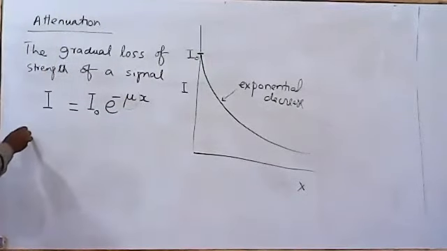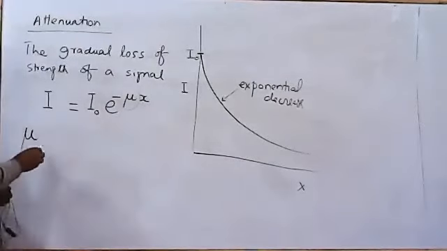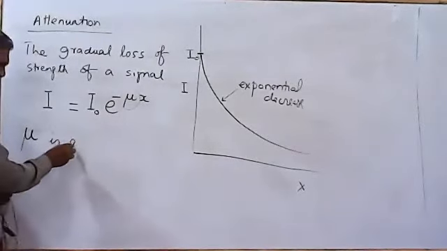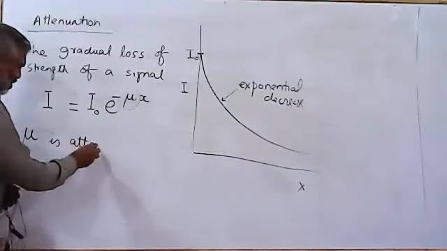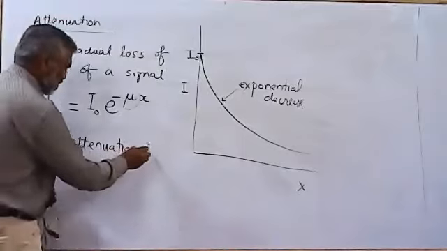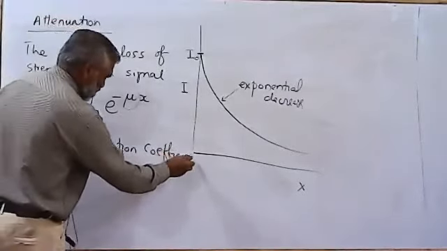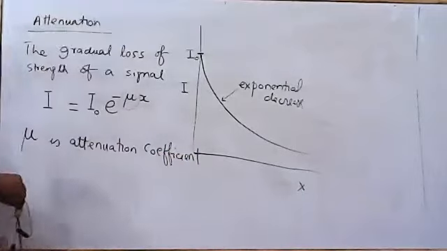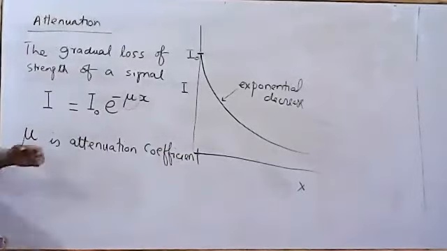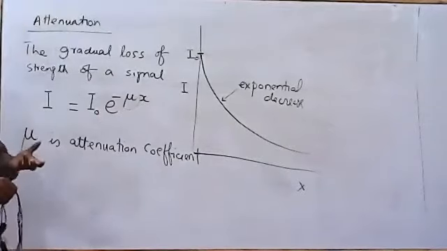This mu, a Greek letter mu, is known as the attenuation coefficient. That simply means this is something to do with a particular medium.